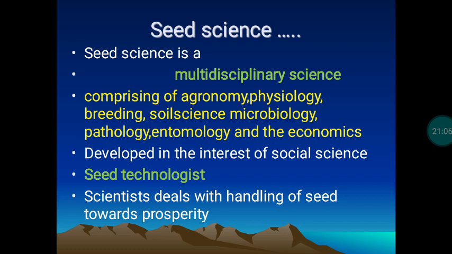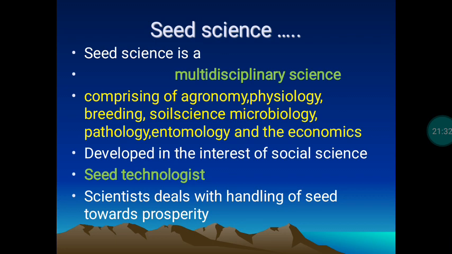After that, for storage also we again need engineers as well as entomologists and pathologists, because during storage there is a chance for pest and disease occurrence. To control that we need the help of the plant protection scientists. Then after storage is over, as and when the demand is there for your seed material, we have to do marketing also.